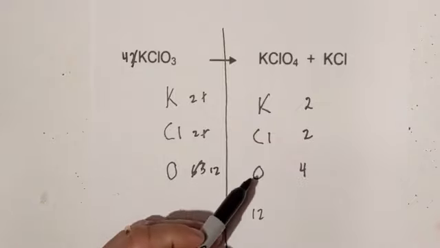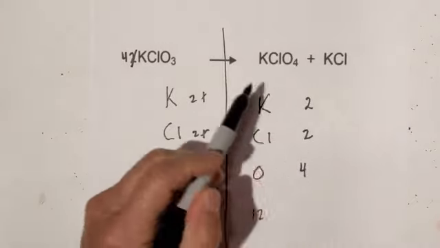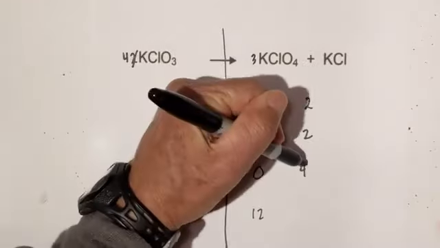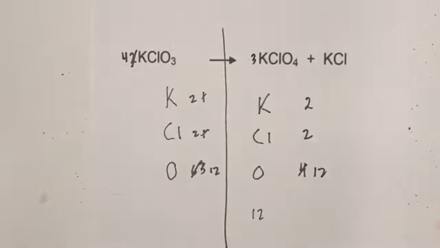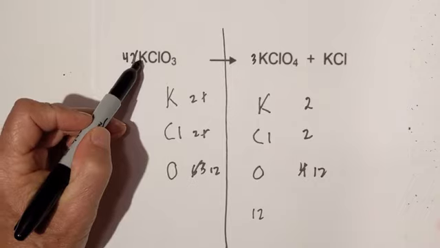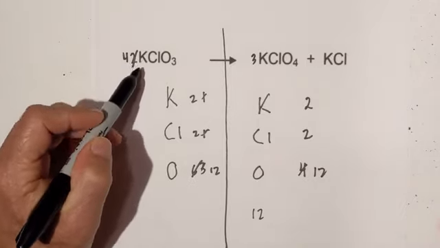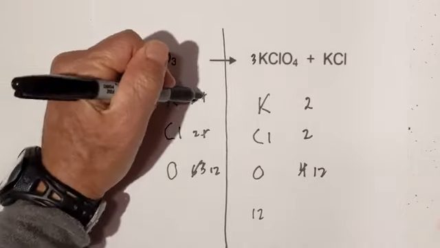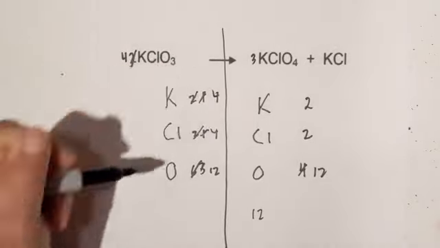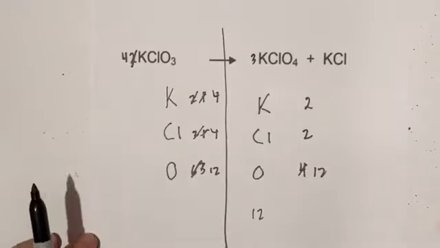Okay, so now let's go to the other side. 4 goes into 12 3 times. But now we've got to reset because we have a different number in front. So now we take 4 times 1 because assume that there's a 1 there. So now we have 4 potassiums, we have 4 chlorines, and then we have 12 oxygens.